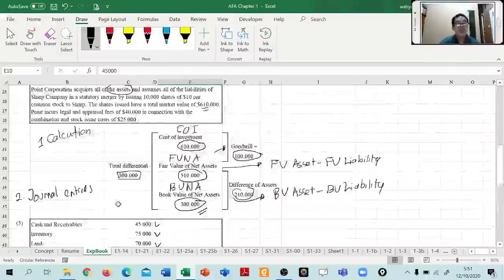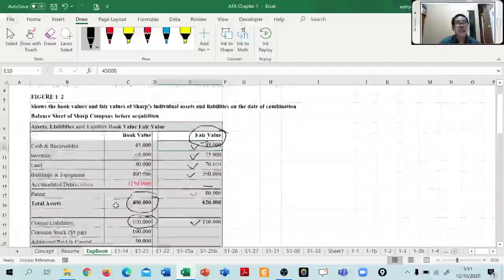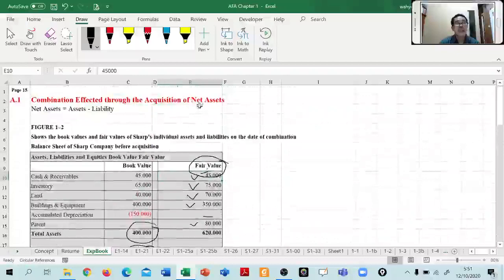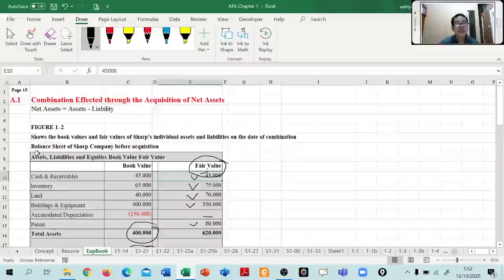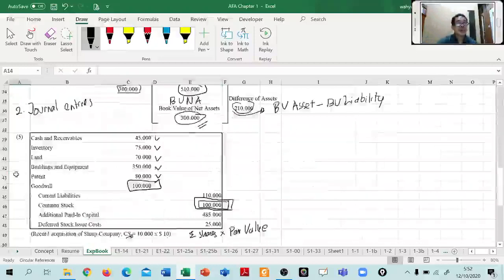This is a concept and example of calculation of acquisition of net asset. I hope that you understand this first method. Okay, next.